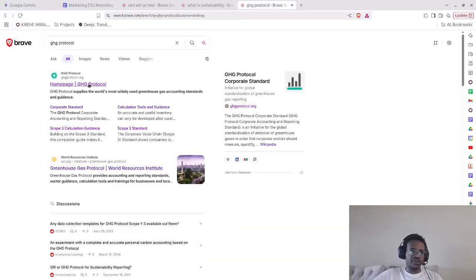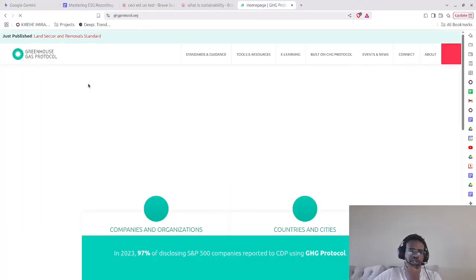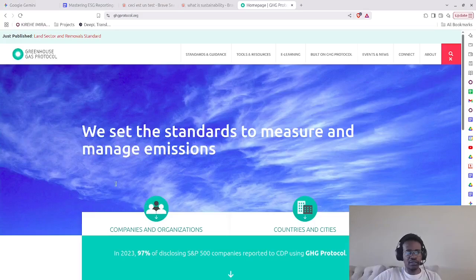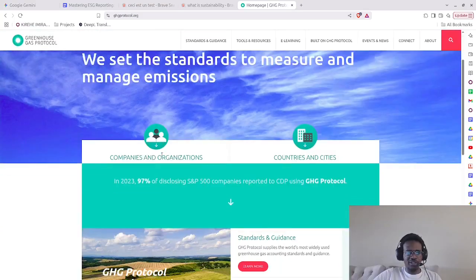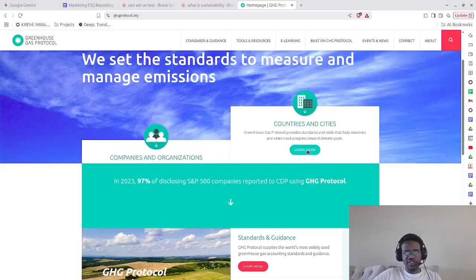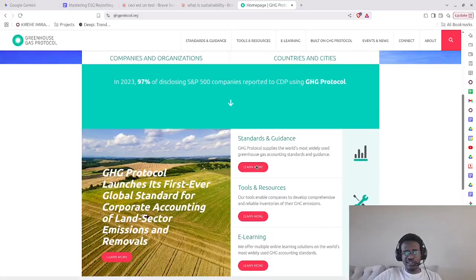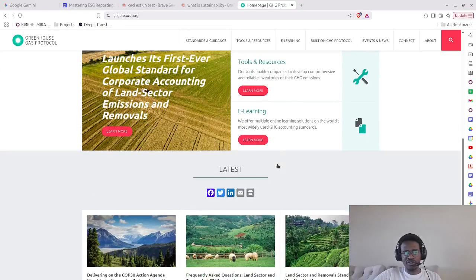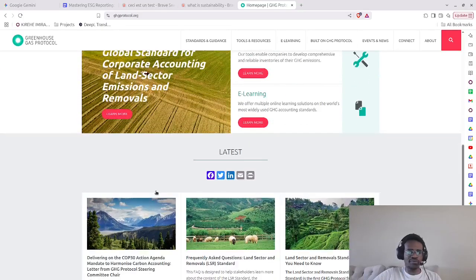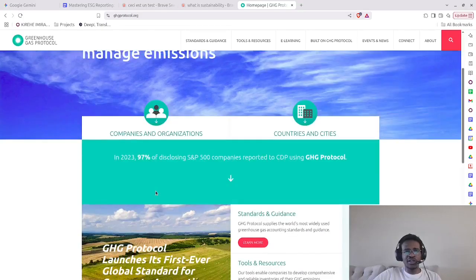Right, so this is the GHG protocol, and we've seen that it's a standard that provides a framework for the removal and accounting of 7 greenhouse gases. So here you see we set the standards to measure and manage emissions, for companies and organizations, countries and cities. Standards and guidance, you have your tools and resources right here. You have e-learning, so basically learn how to use it.